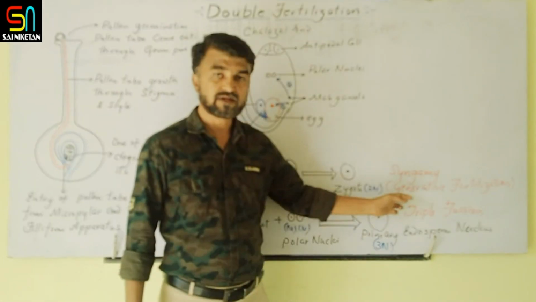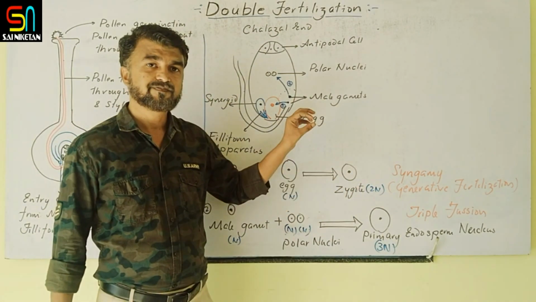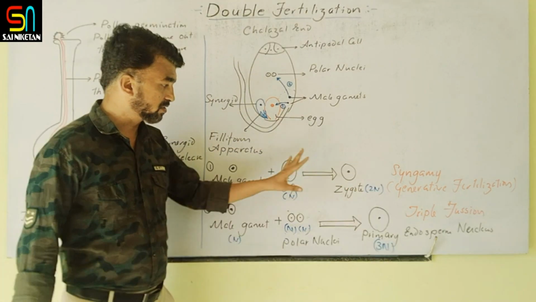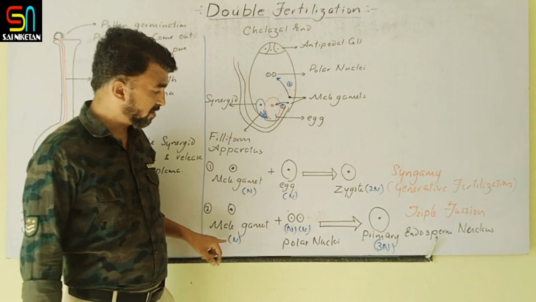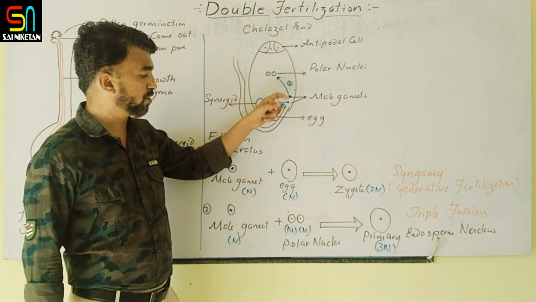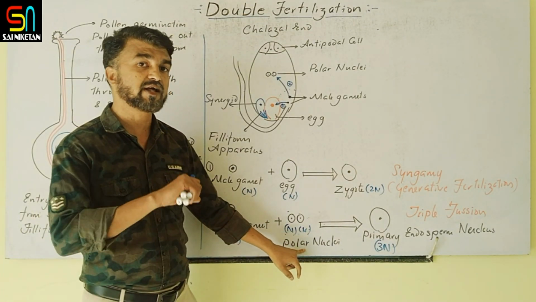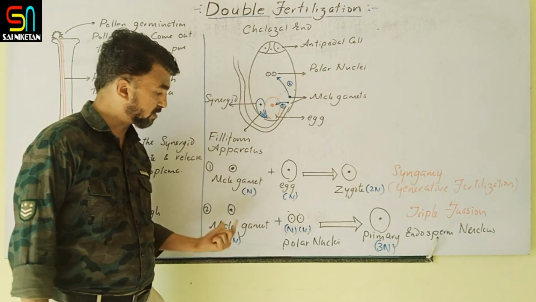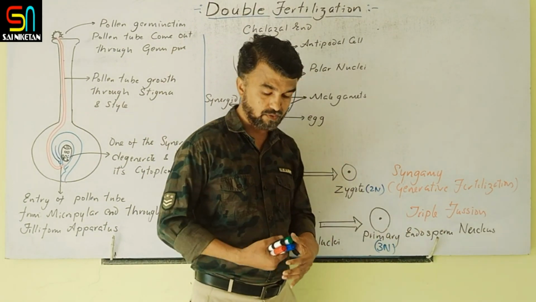That actual event is called syngamy or generative fertilization, which leads to the development of the embryo. So this is the first event. The second event is another male gamete moving toward the central cell where the two polar nuclei are. Before the union of these three nuclei, the two polar nuclei fuse to form the secondary nucleus, which is diploid in nature. That diploid secondary nucleus and the male gamete fuse to form the triploid primary endosperm nucleus.